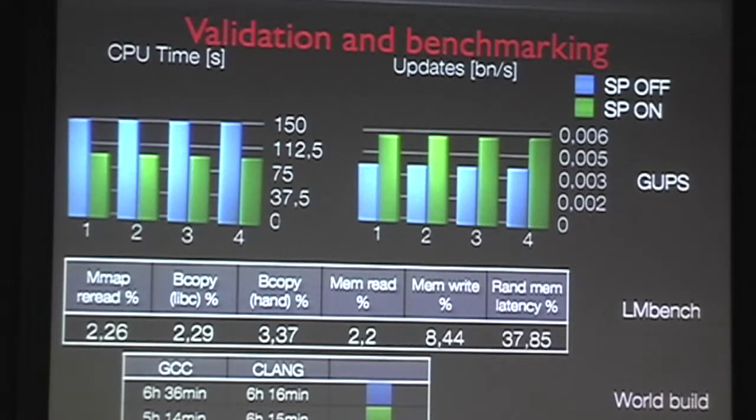LM-Bench, or should I say stream, gave less significant results, and this is probably because it is using floating point arithmetic in its tests, but we've got quite good random memory latency, which dropped by almost 38% using superpages. And in the self-hosted build world we've got over 1 hour improvement using GCC and no influence using Clang.